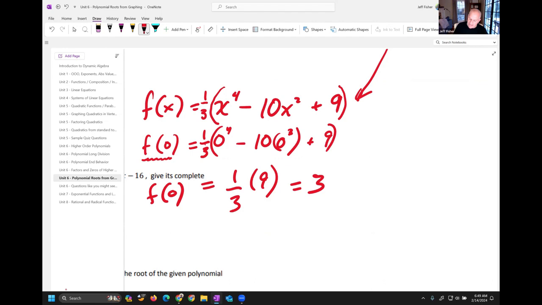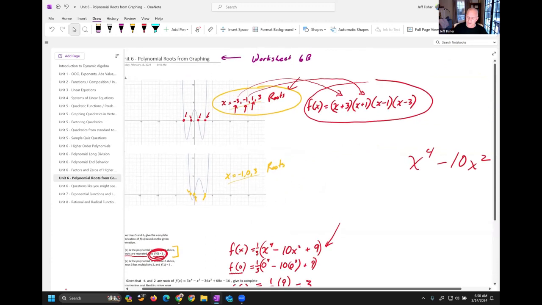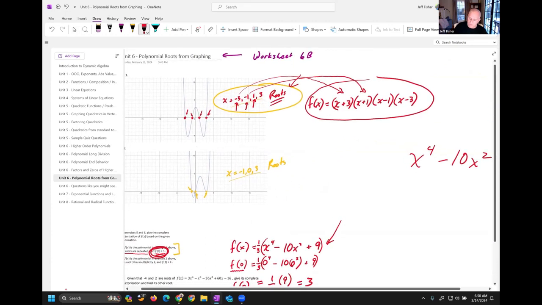What do we need to make 9 into 3? We need to multiply it by 1/3. So that's how you solve a problem like that you're going to see on your worksheet. That's a little trickier, but just work hard on understanding the relationship between the roots and the factors. That's important.